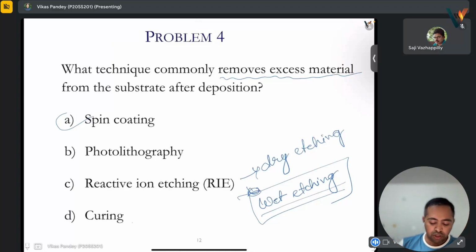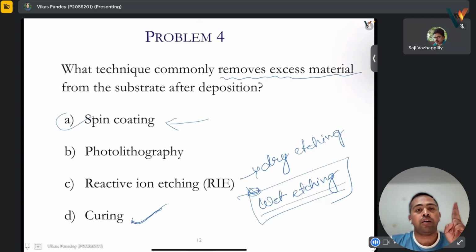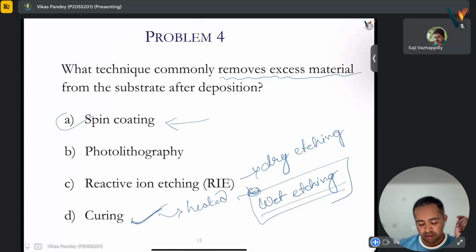Then there is a process called curing. Curing is used to stabilize the film. Like I said, once spin coating is done, there are two types of curing. Depending on the material we are spin coating, sometimes it is heated or baked, and the other is UV exposure.